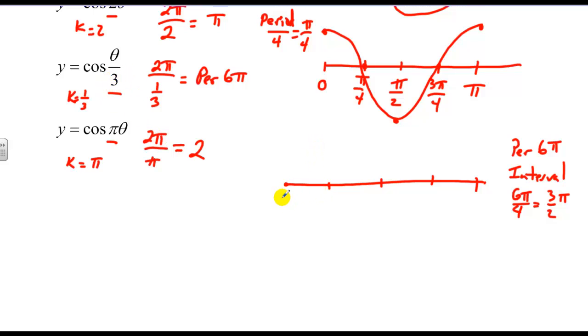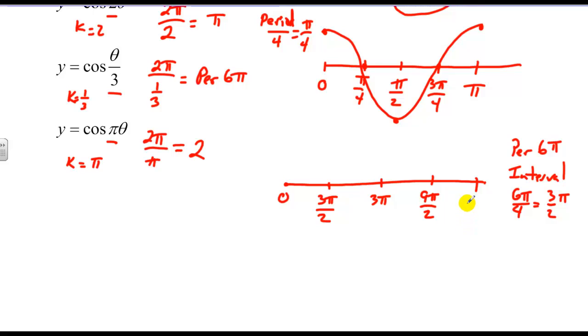So I start at 0, and if I was to multiply that by 3, that's what I would get. My first interval is 3 pi over 2, which makes sense, because normally my first interval was pi over 2. Add 3 pi over 2 to that, I get 3 pi. Add 3 pi over 2 to that, and I get 9 pi over 2, which is 4.5 pi.